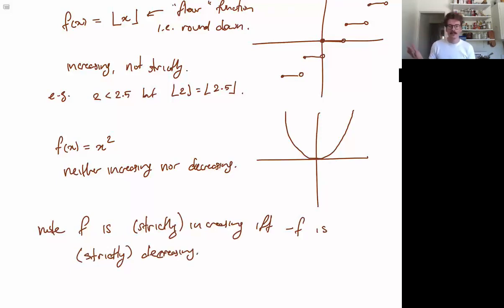So if you took all these examples and just put a negative sign, you will get examples of decreasing functions.